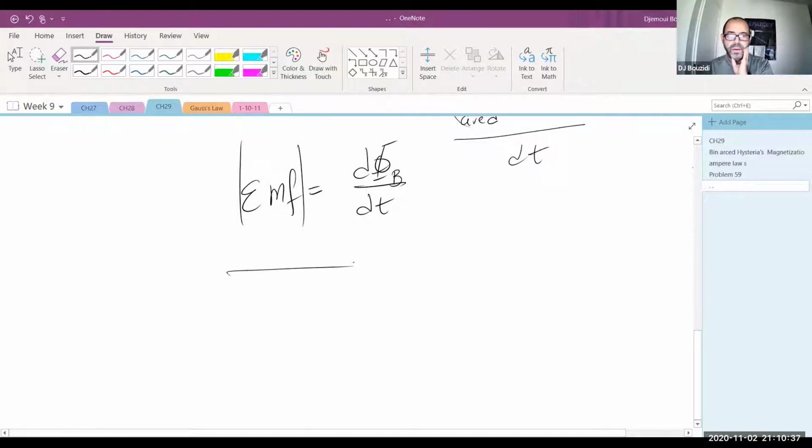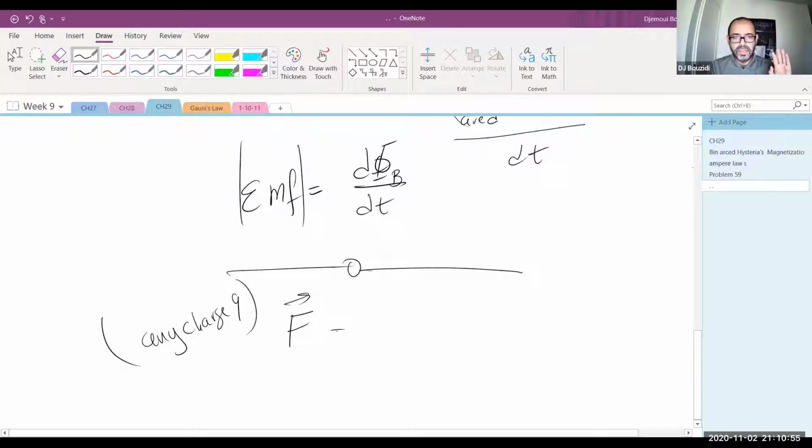And we need to answer it. We argued a long time ago that any charge, I'm not talking about a specific charge, no, any charge Q, inside a magnetic field is going to be subject to this force. Okay, this is part of the Lorentz force that we discussed a long time ago.